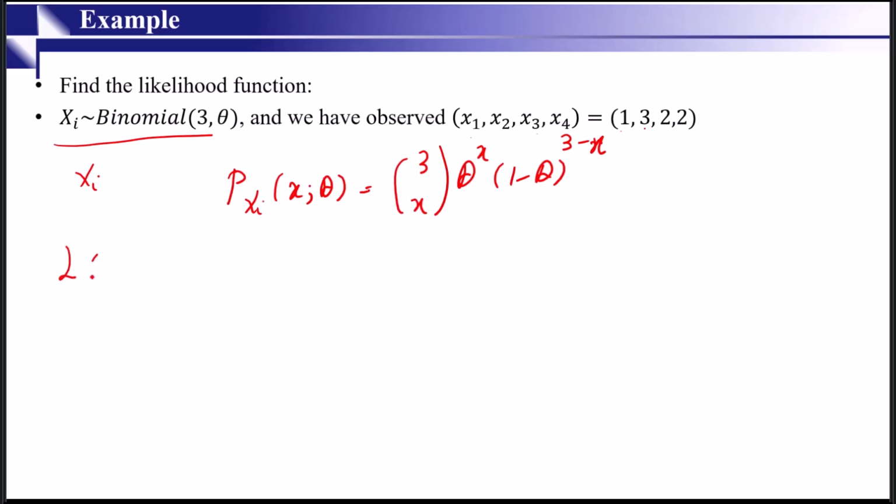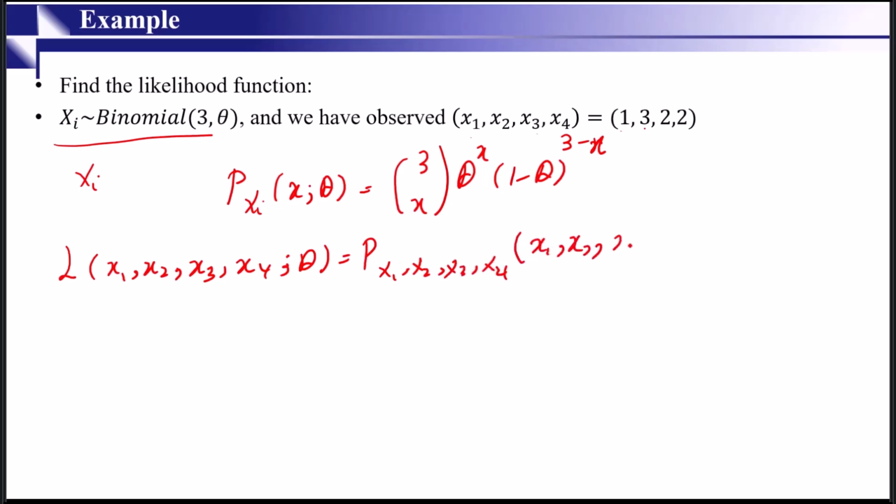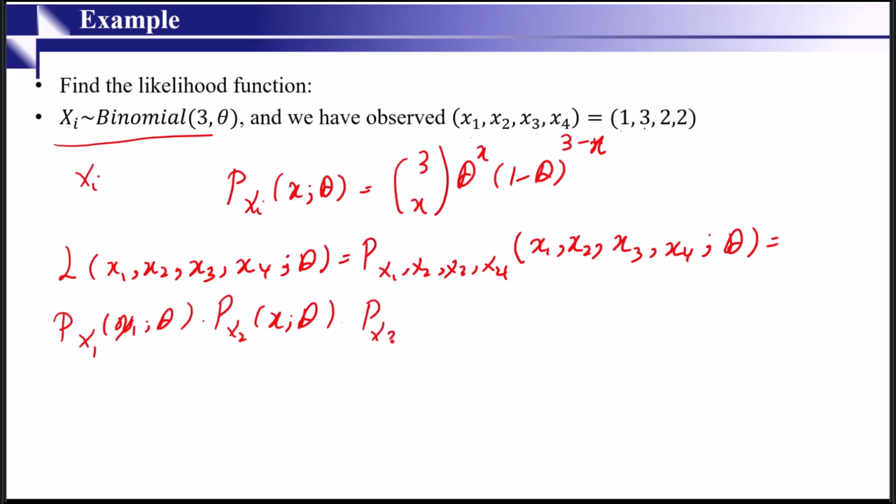So we can write the likelihood of x1, x2, x3, and x4 and theta is equal to probability of x1 and theta multiplied by probability of x2 and theta multiplied by probability of x3 and theta multiplied by probability of x4 and theta, right?